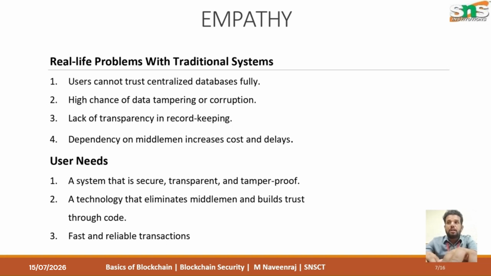Then applications of blockchain are very important. First, cryptocurrency: Bitcoin, Ethereum, Solana, secure digital money transfer, where no bank is needed. In banking and finance, faster cross-border payments, reduced fraud and smart contracts for loans are used.